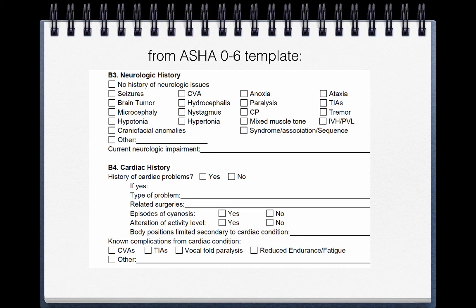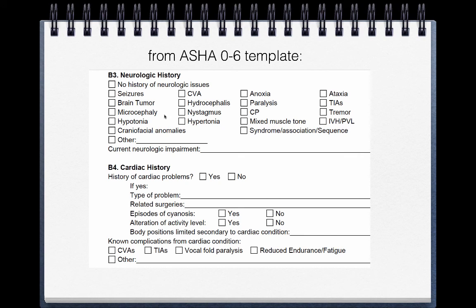So let's look specifically at this template. I'm not going to go over the entire form with you, but I wanted to highlight a few things in the history. You can see there's fairly detailed information that you can note in terms of neurologic and cardiac history. So everything from the presence or absence of specific events that occurred in the baby's early history, to noting specific diagnoses, for example, the presence of hypotonia or microcephaly.